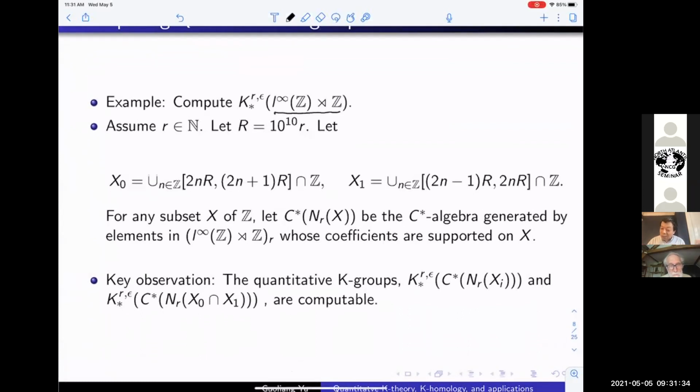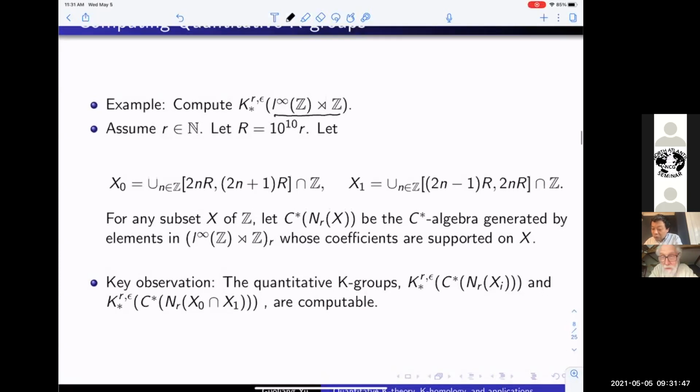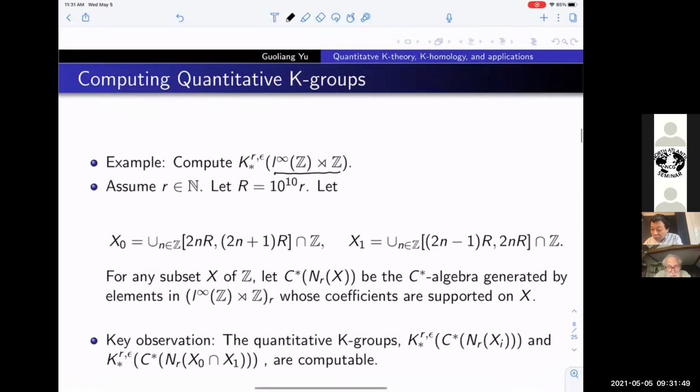You can use some other method to compute the K group, but I just want to illustrate how you do the computation using those ideas. Let me draw a picture of Z in a continuous way so it's visible.